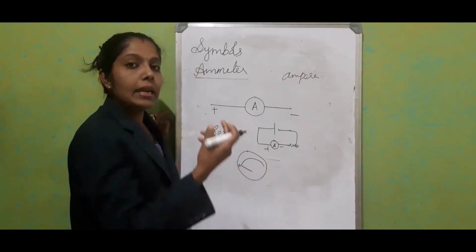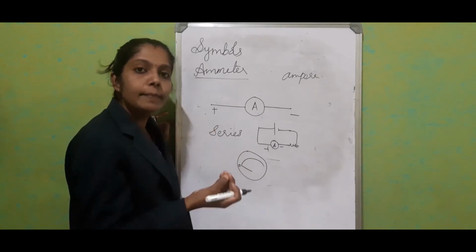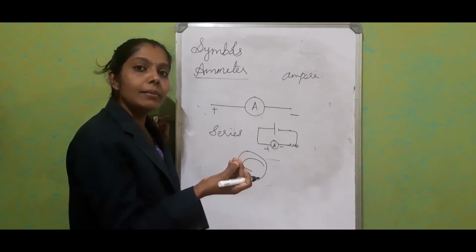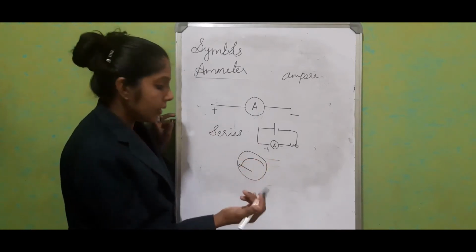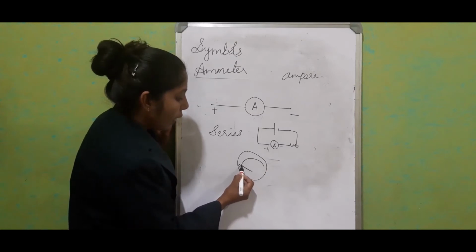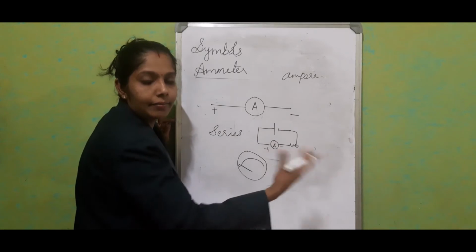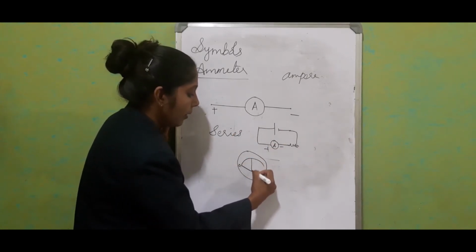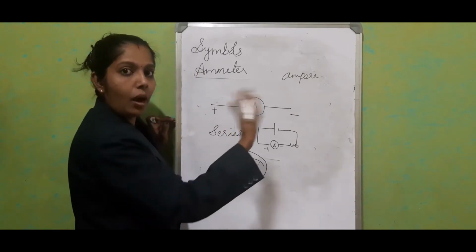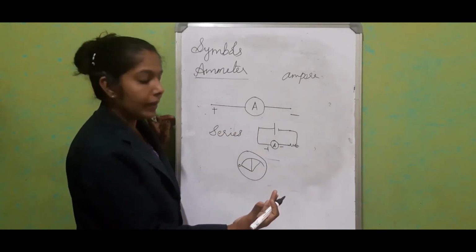For very small current, the reading will be in milliampere. If more current is there, it will be in amperes. The needle always sits at 0, and as the current increases, the needle moves from here to here. This is how the needle shows the deflection.